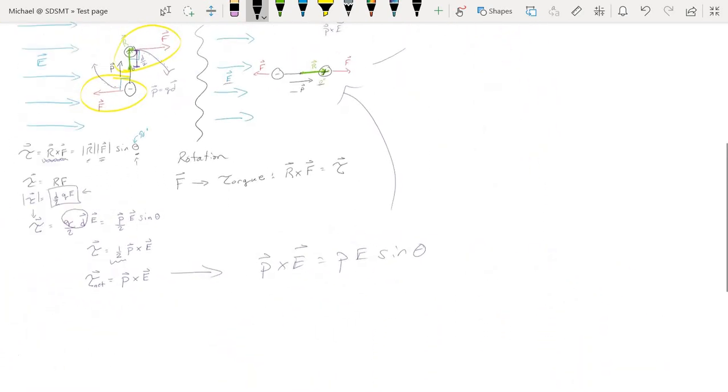So once we get to this orientation, there's no more torque. There's no more potential for the system to want to continue rotating. And so that means that the torque acting on this dipole is constantly changing with respect to that angle theta.